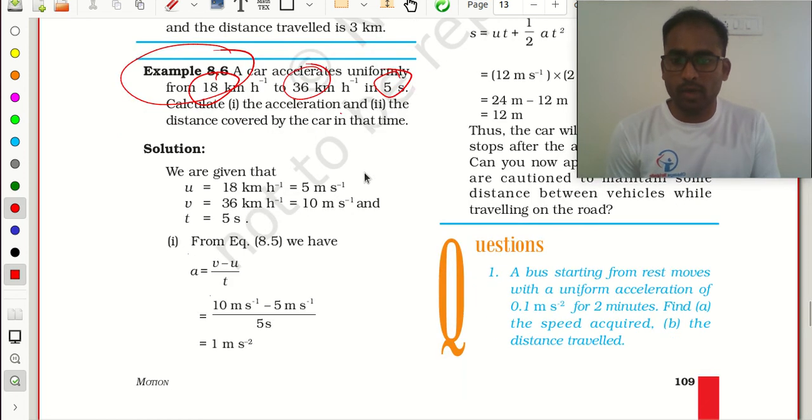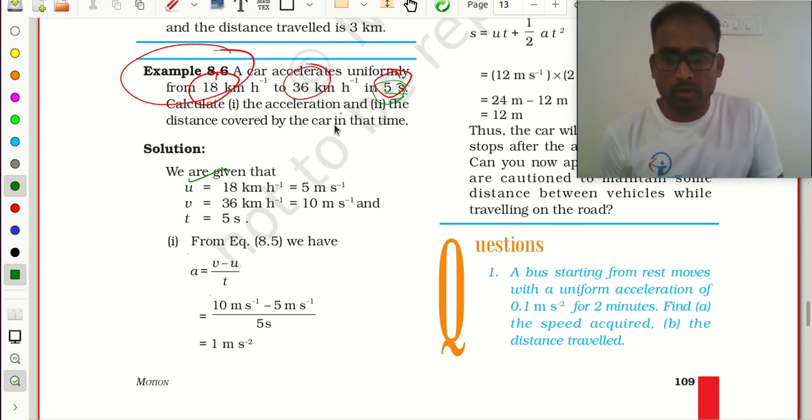So we know the initial velocity is 18 km per hour, and we just convert it to meter per second. Why? Because the time is in seconds, 5 seconds is there now. So I need to change my speed into meter per second.